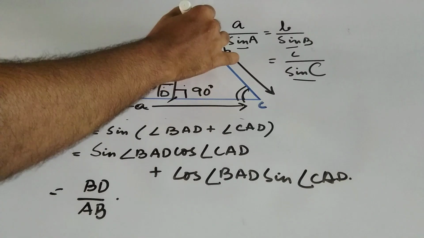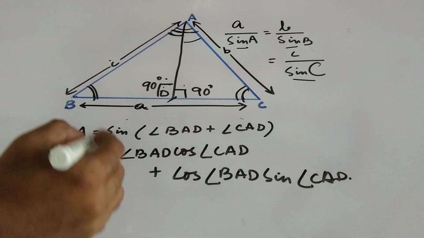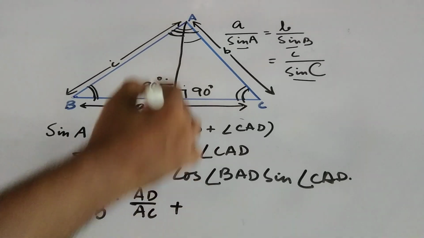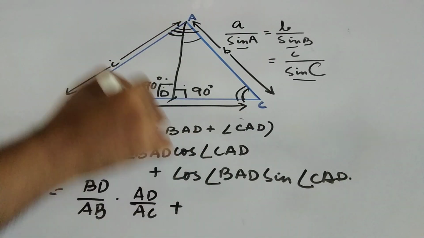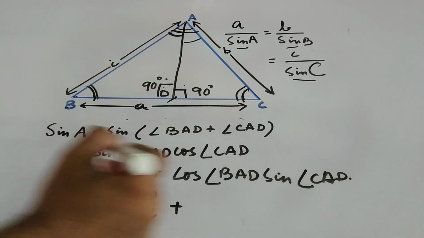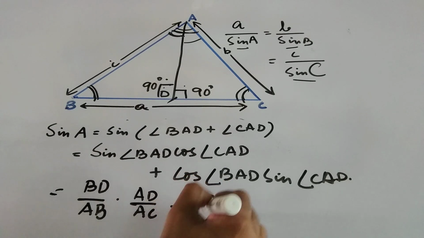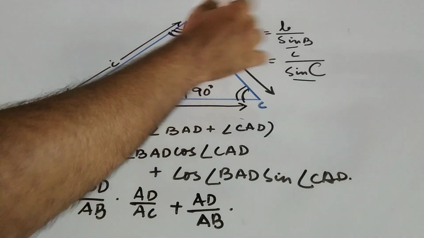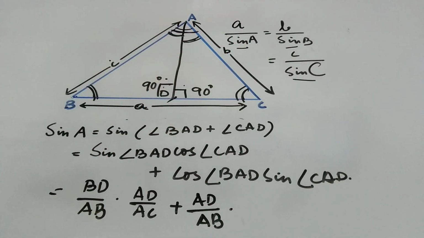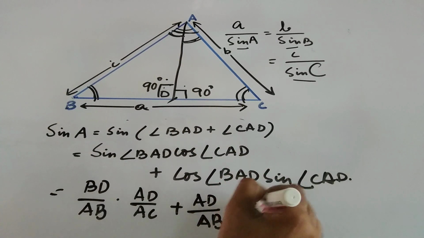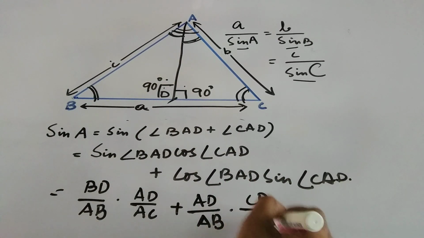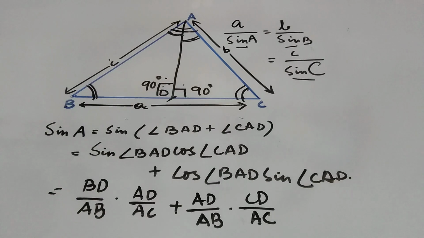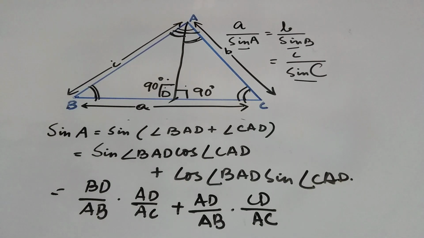Cos CAD means cos of this angle, that means base by hypotenuse, that is AD by AC, plus cos of BAD, that means base by hypotenuse, that is AD divided by AB, into sine of CAD, that means perpendicular, that is CD by AC. Right? This is the formula for sin A cos B plus cos A sin B, as we are implementing it in the sine of A plus B formula here.